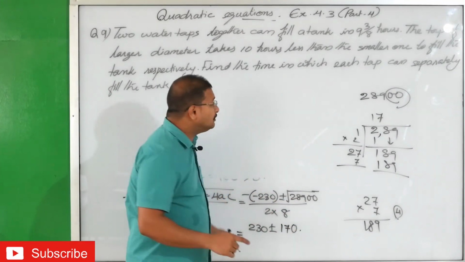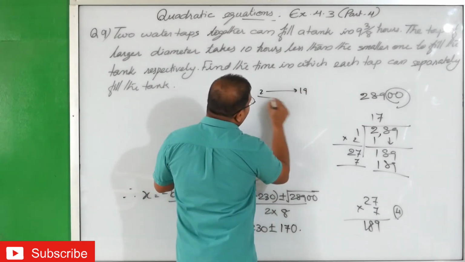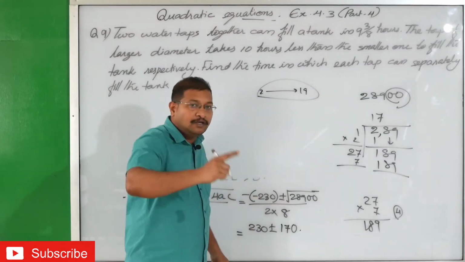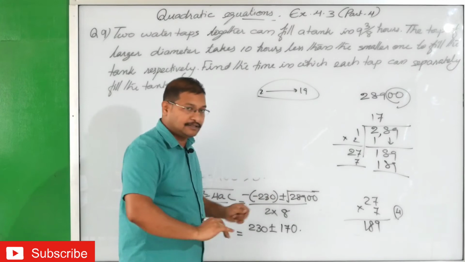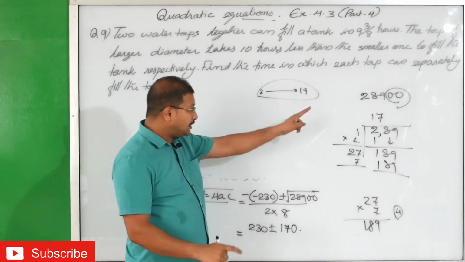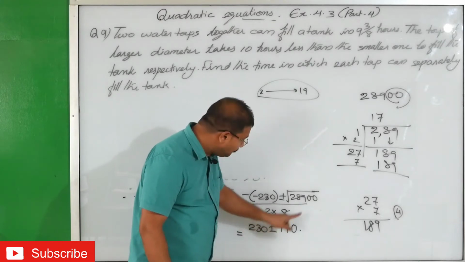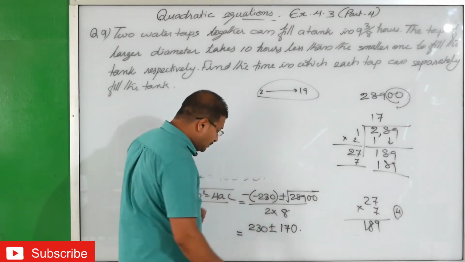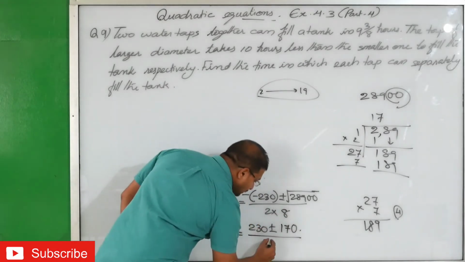My suggestion, if you can, study the squares from 2 to 19. 2 square is 4, 3 square is 9, till 19 square. If you can study that, that is best. Ready? So 17 square is 289. In place of 289 we got 17 and 1 0 will bring. Ready? Divided by 2 8s are 16.